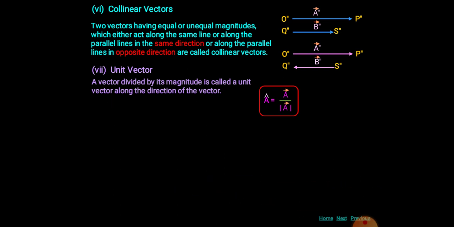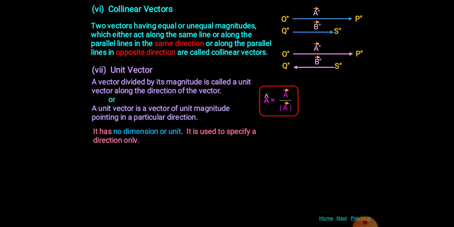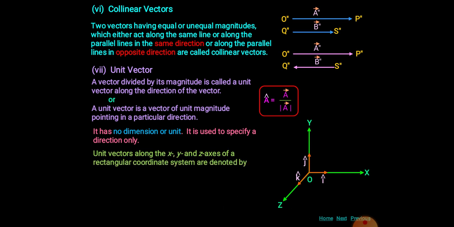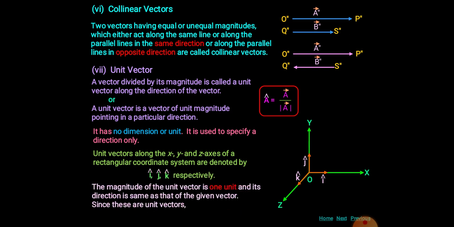Now try to understand x, y and z. For the x axis we use i cap as a unit vector. For the y axis we use j cap as a unit vector. For the z axis we use k cap as a unit vector. So i cap, j cap, k cap are the unit vectors along x, y and z respectively.